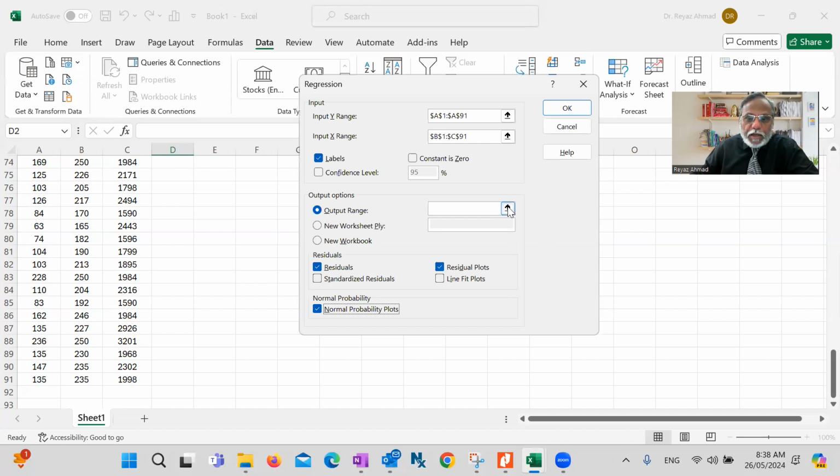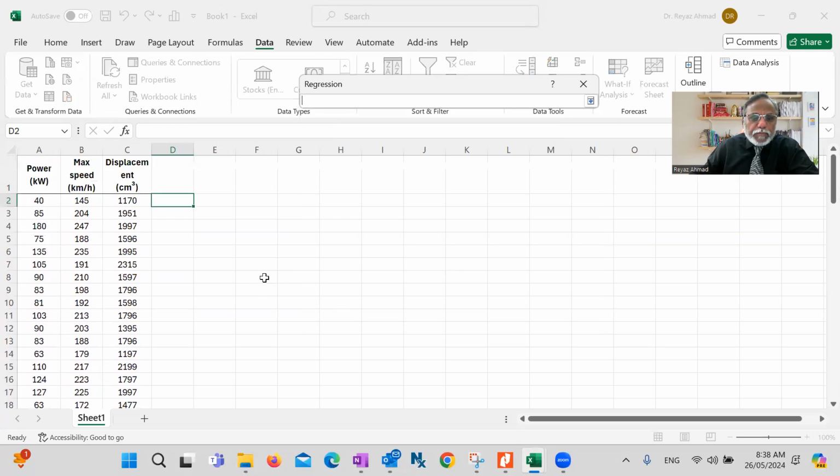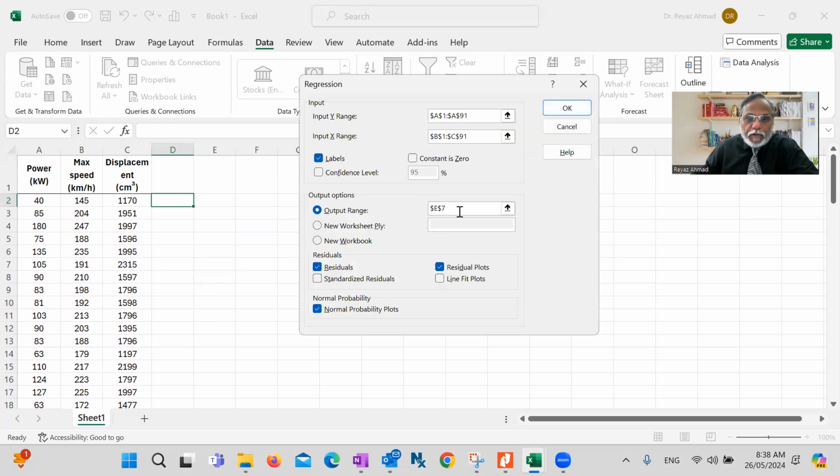So let me check now where I will get my data. So here it is where I am selecting to have this data. Okay. So I selected this, and now I have done all of these. I remind you, first I will check the input y, then both of the x's, then I will check the labels, then I will choose the output range, and these three: residual plots and the normal probability plots.